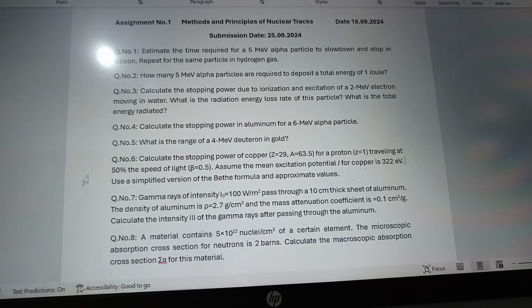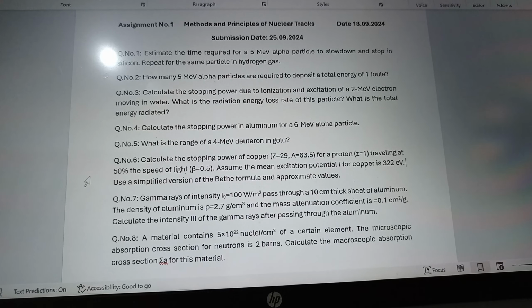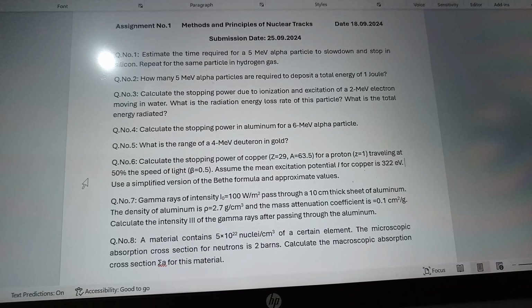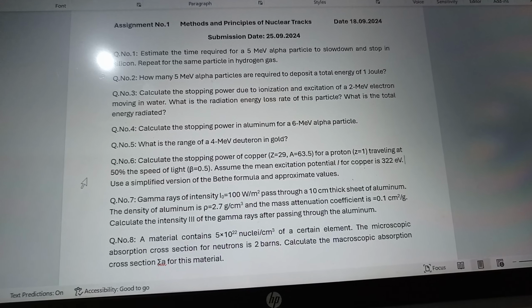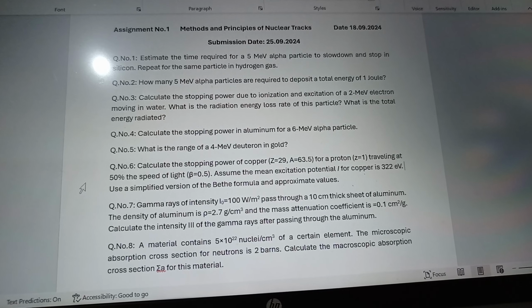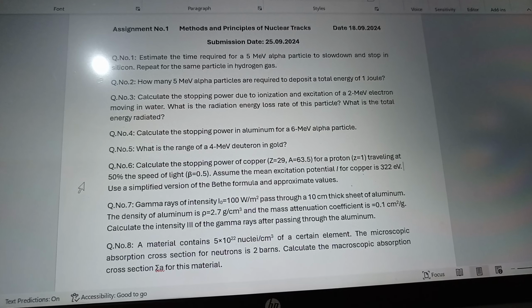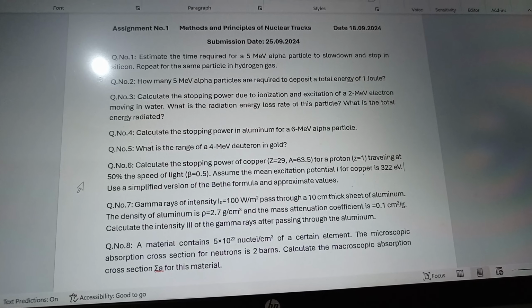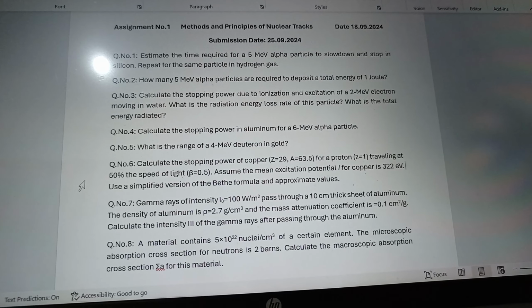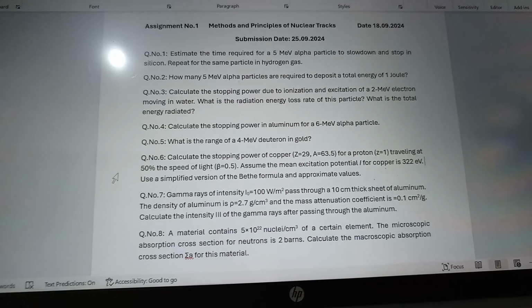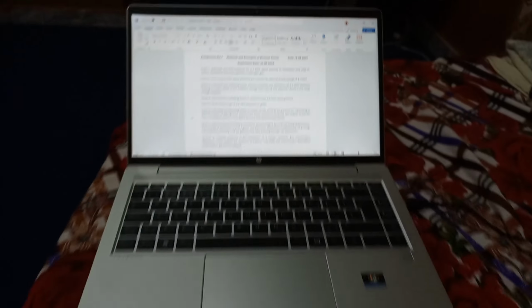Assume the mean excitation potential I for copper is 322 electron volts. The atomic number, mass number and beta are given, but we have to find the stopping power of copper. Use the specified version of the Bethe formula and approximate value, and calculate the stopping power. So let's calculate.